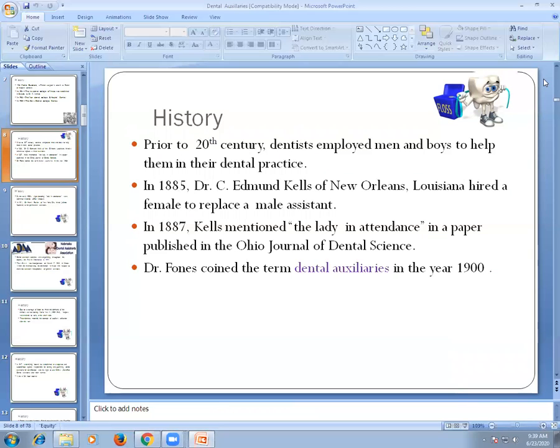In 1887, the case mentioned the lady in attendance in a paper published in the Ohio Journal of Dental Science. Dr. Pons coined the term dental auxiliary in the 19th century.